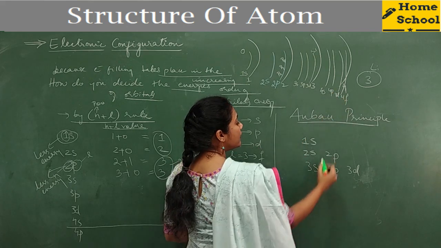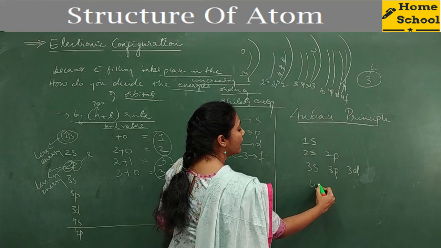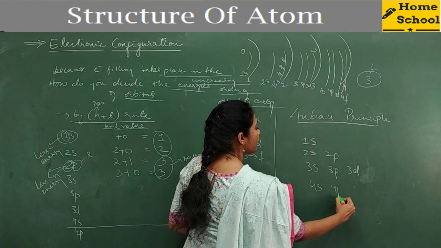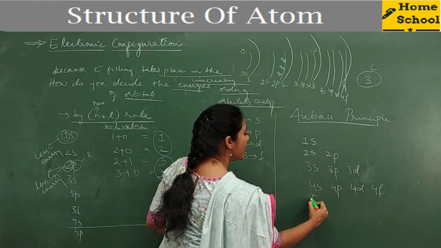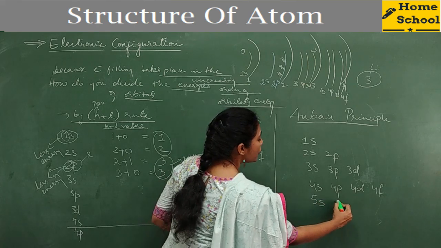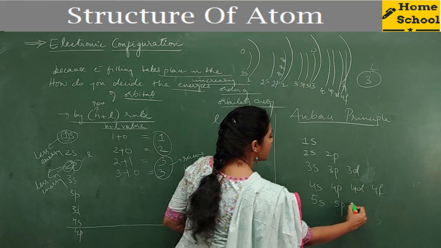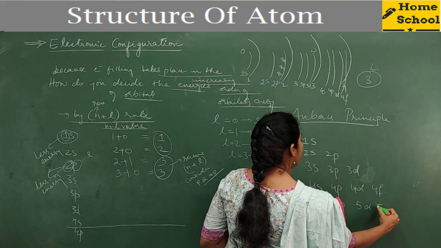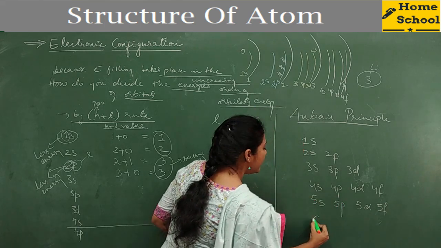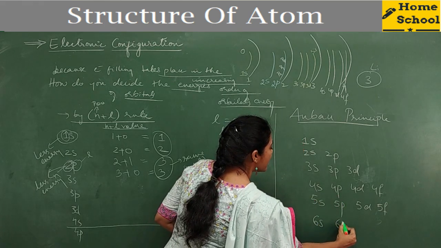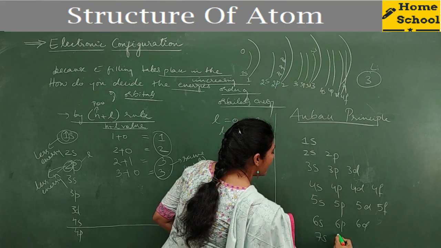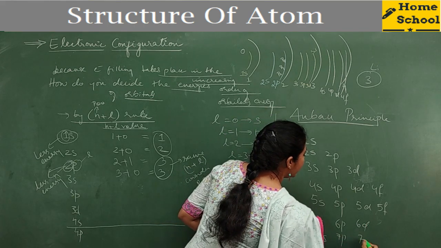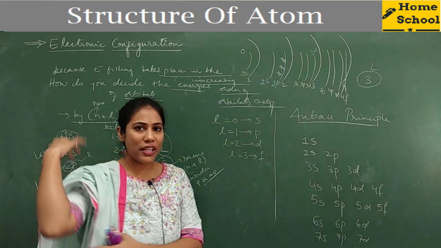In the fourth main shell you have 4s, 4p, 4d and 4f. Likewise in the fifth main shell you will have 5s, 5p, 5d and 5f. In the sixth shell 6s, 6p, 6d. The seventh one 7s, 7p, 7d, like that. Only this much I'll mention.